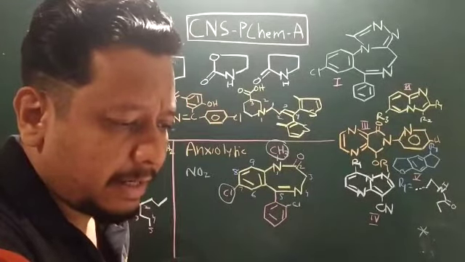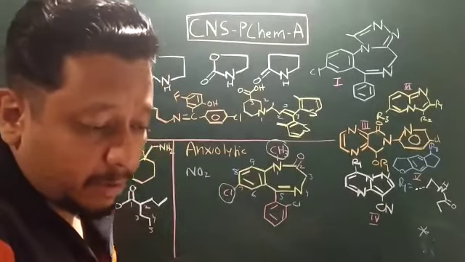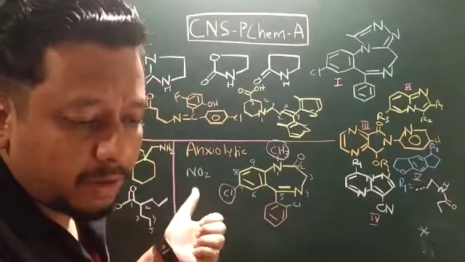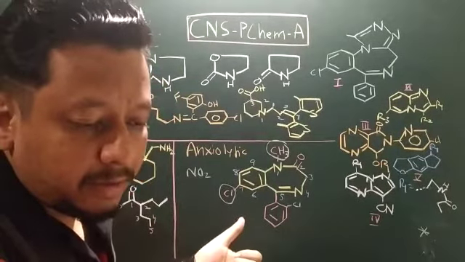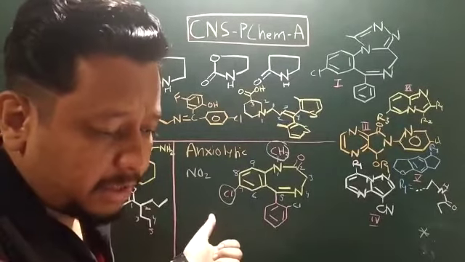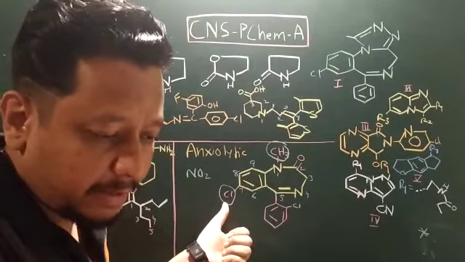Then the next SAR point, the second SAR point: NO2 is more preferred over bromine, trifluoromethyl and chlorine. Even chlorine increases the lipophilicity. The electron withdrawing chlorine group is essential for activity.